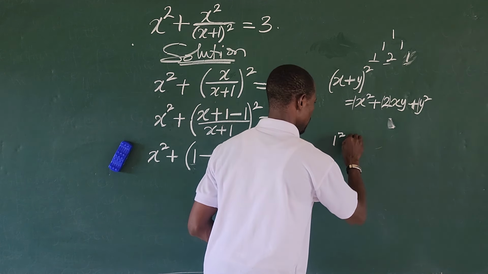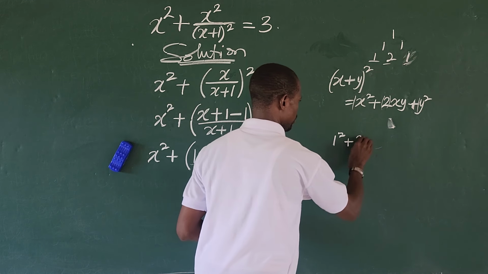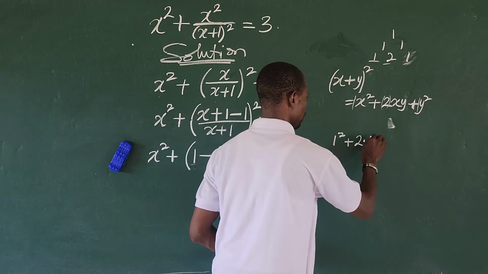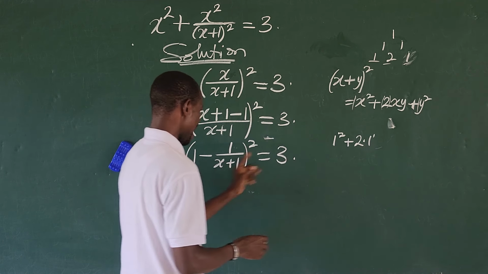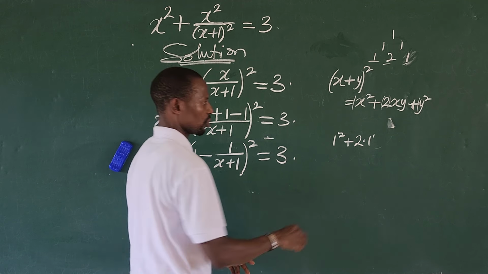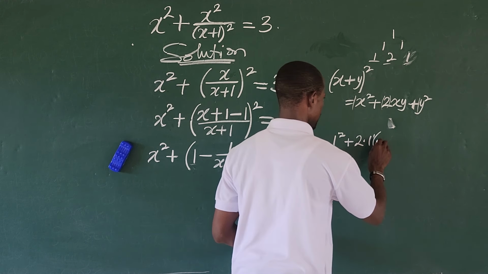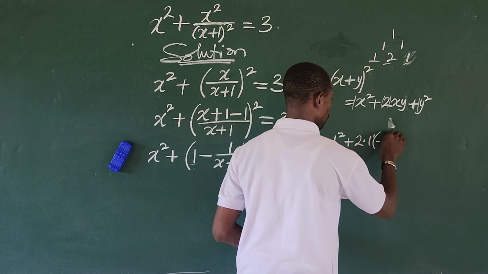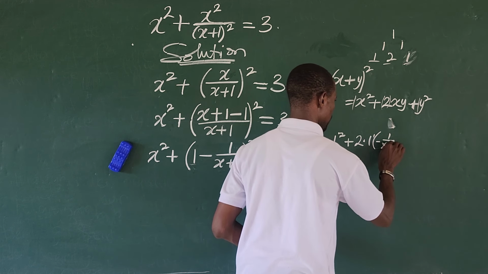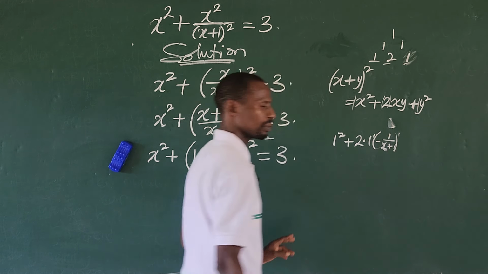We now have here plus the coefficient, which is going to give us 2 times 1 to the power of 1, and y, minus 1 all over x plus 1, to the power of 1 also. So let's bring that into the system times minus 1 all over x plus 1 all to the power of 1.